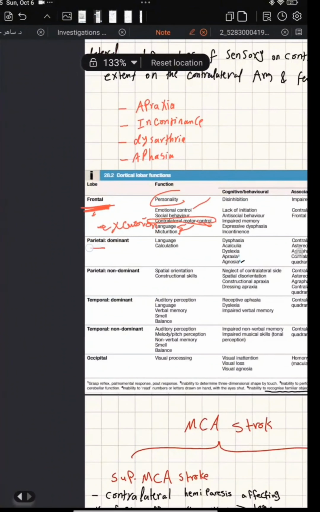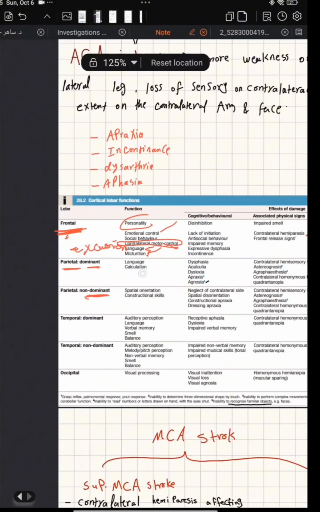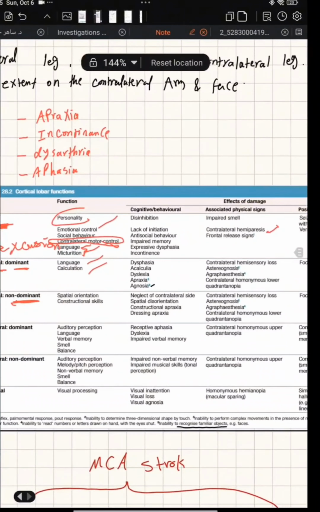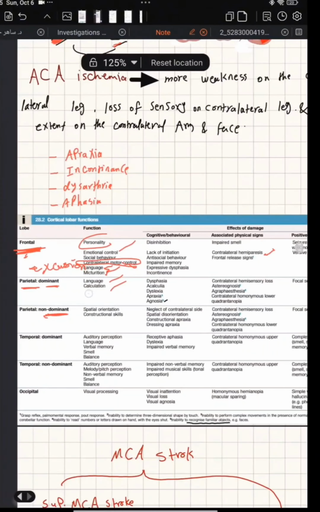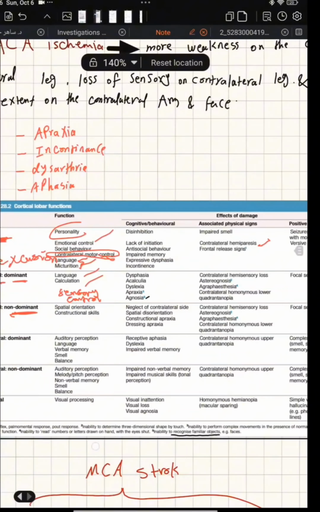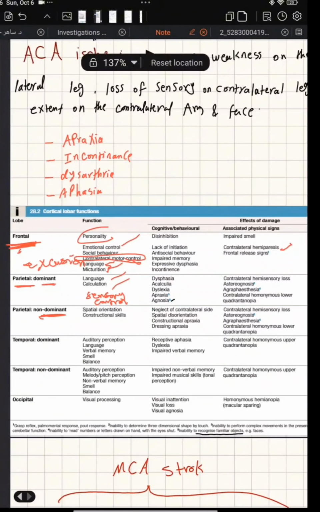And here for the parietal lobe, there are dominant and non-dominant lobes. Generally, the dominant is responsible for language, calculation, and the sensory control of the contralateral side of the body. If it was the medial parietal lobe, this is responsible for the leg.